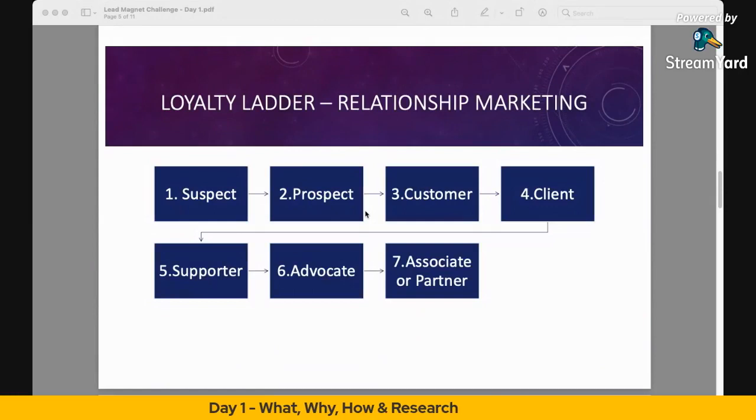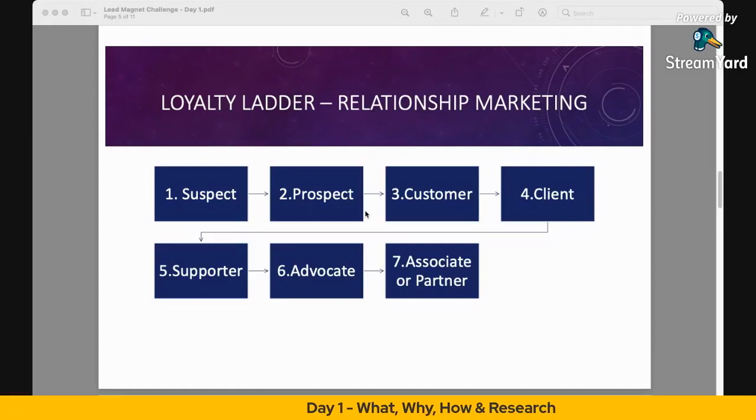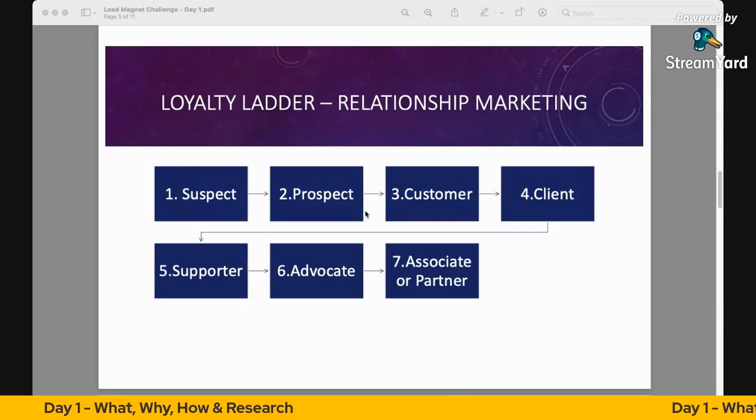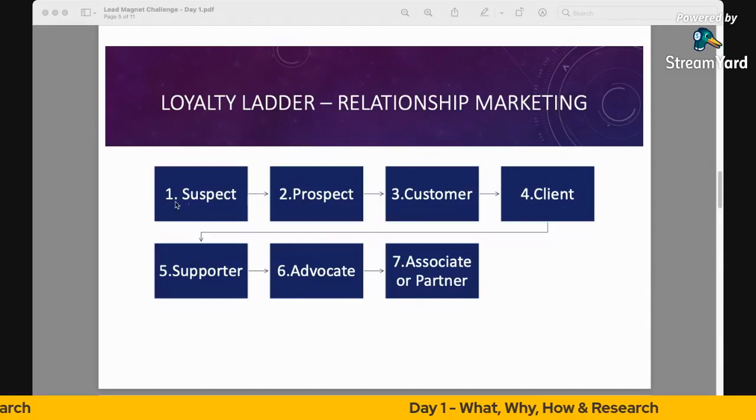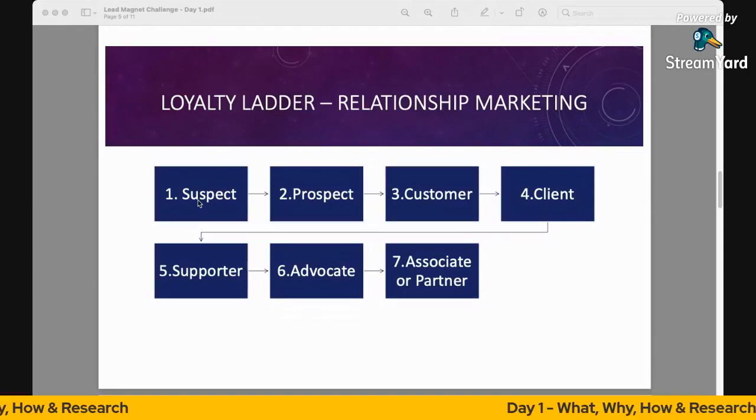It's relationship marketing. You can build this in any form of promotional strategy, but this is how the funnel goes. There is also a marketing funnel, but this is a ladder, which is, hey, Amy, suspect. So the very first person is suspecting. They don't know anything about you.